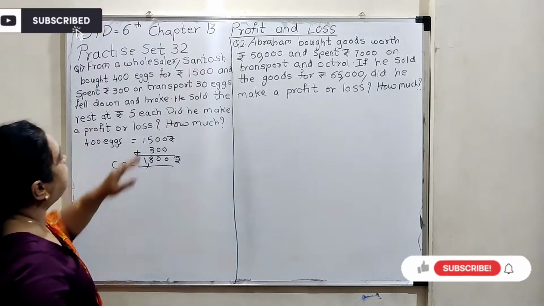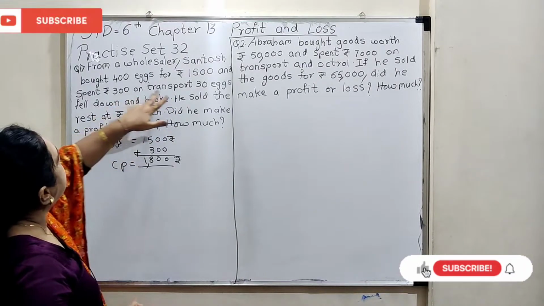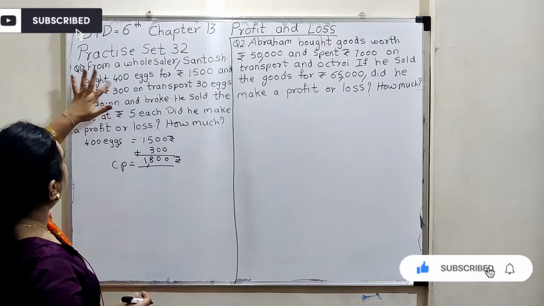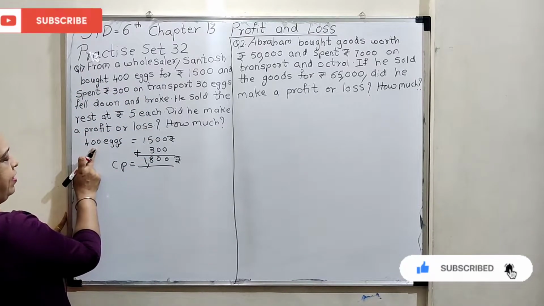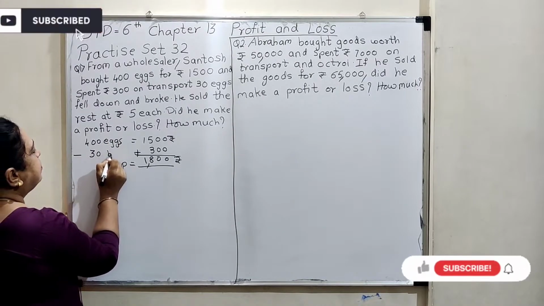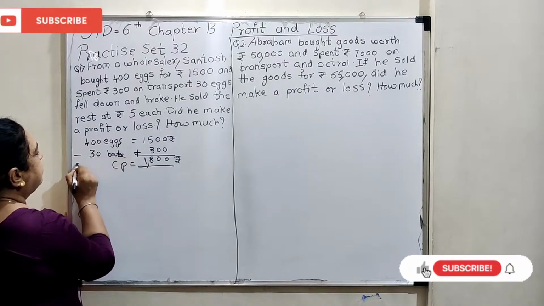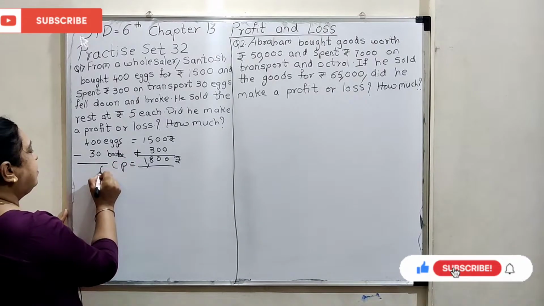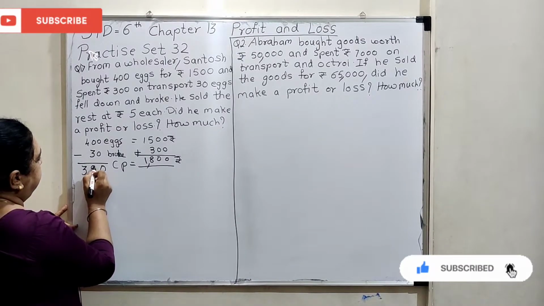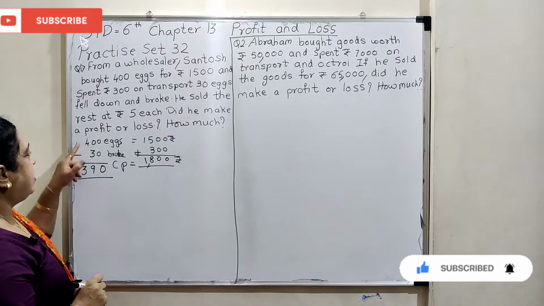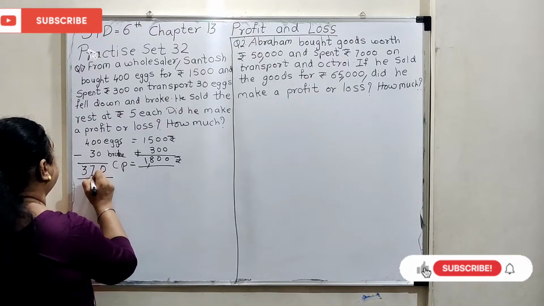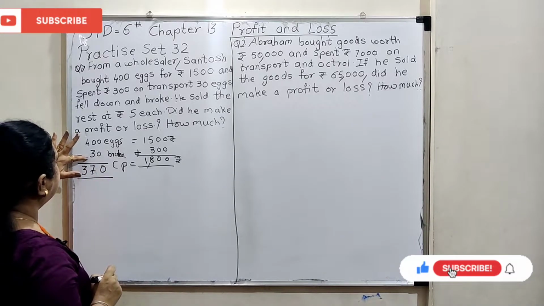Now, 30 eggs fell down and broke. From this 400 eggs, how many eggs are remaining? From 400, 30 eggs broke. 400 minus 30 is 370.